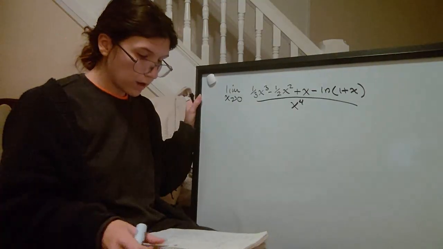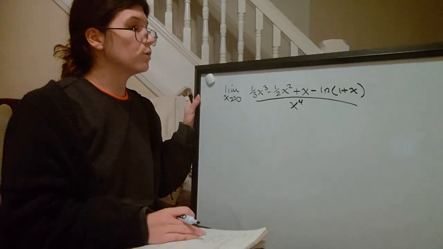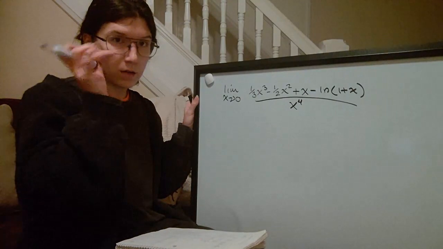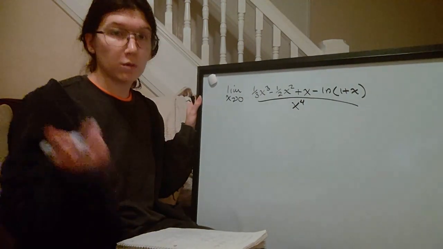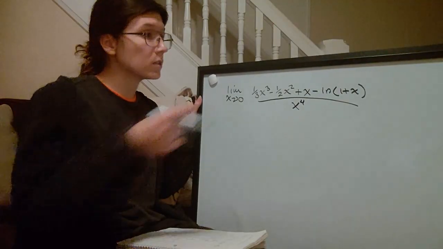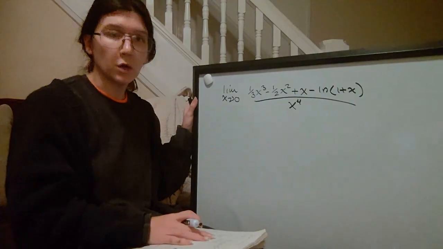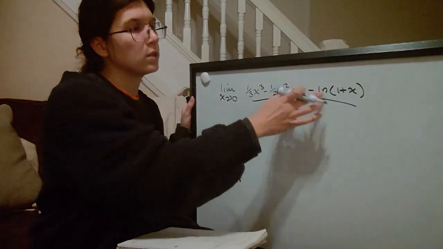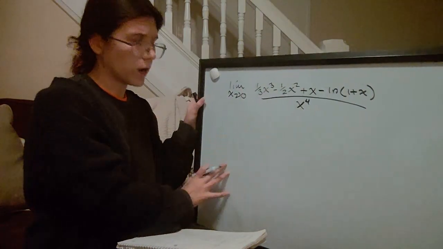So what we need to do here is look for the part in this that has a series that we can plug in. In the example problem in the textbook, it was e to the x. Here it is going to be our ln function. It's going to be our funkiest function, because these aren't that crazy, but this is a little more funky than just x cubed or x squared.